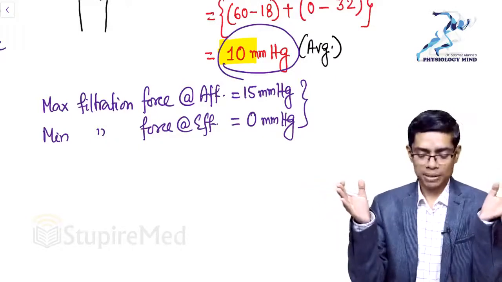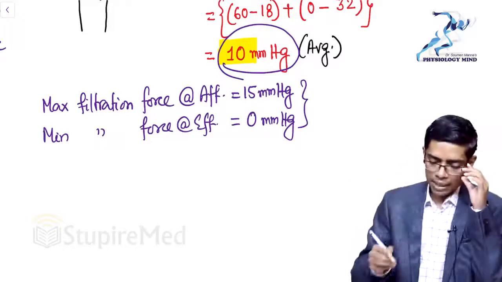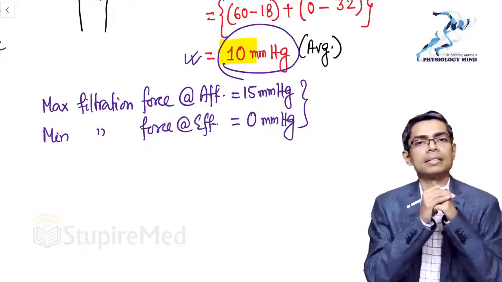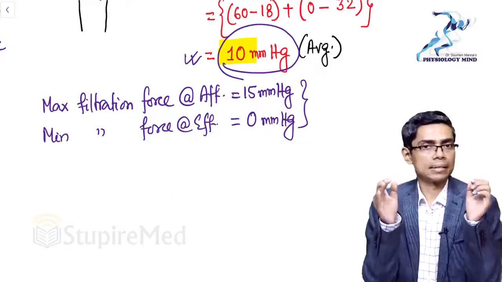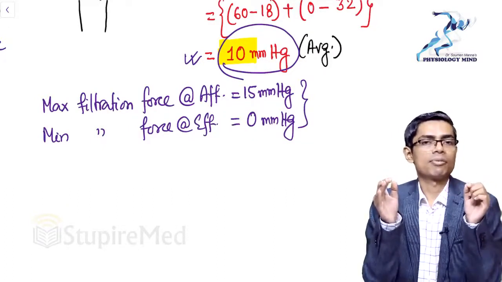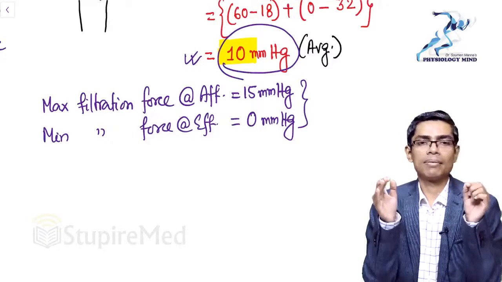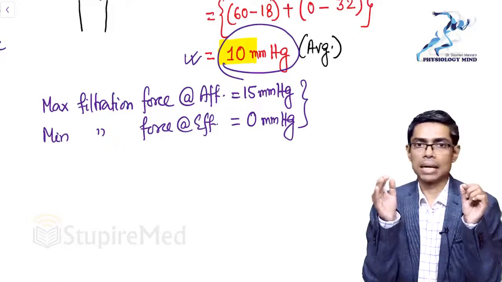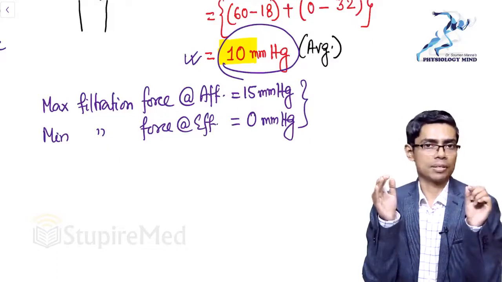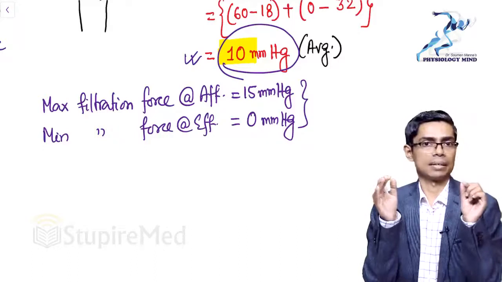Okay, now please note down that this 10 millimeter of mercury is the value given in Guyton. In Ganong, it is written that the filtration force at the level of the afferent arteriole is 15 millimeter of mercury. So that's not about the average force; the average force is 10.